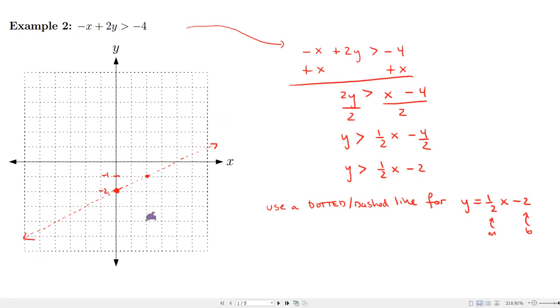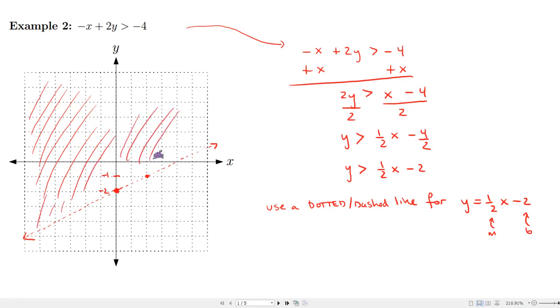Nonetheless, finding this is very helpful because now we know that we're going to consider the points y that are greater than what's on that line. So it's just going to be the region up above here. This shaded region is the solution set.